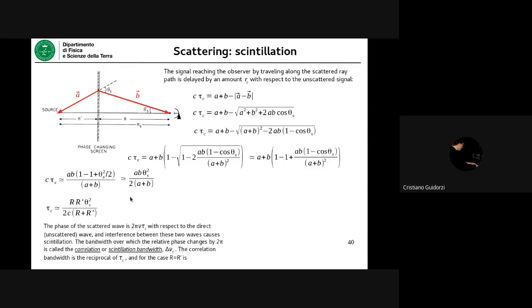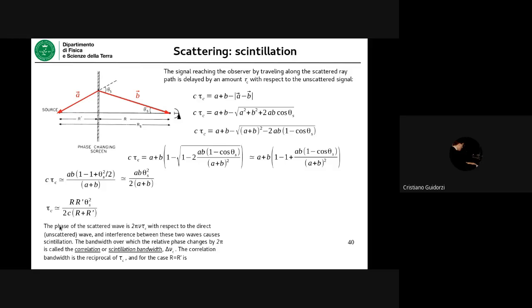And why is this quantity interesting? Because if you have a delay between the two rays, which is the quantity we just calculated, you can imagine it in terms of phase shift.